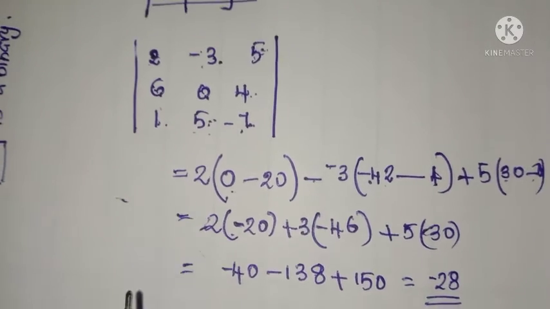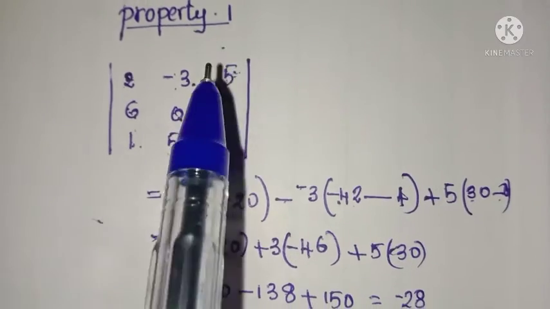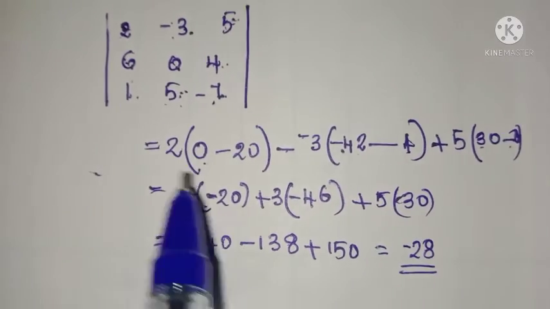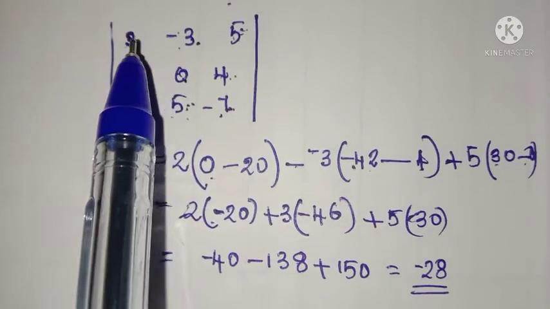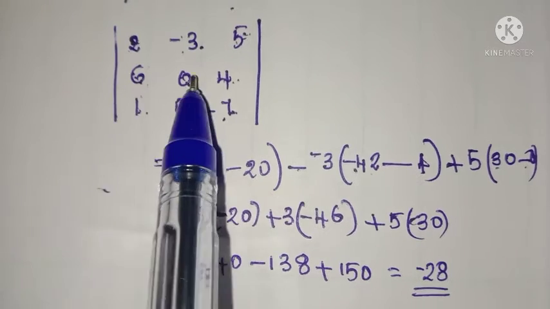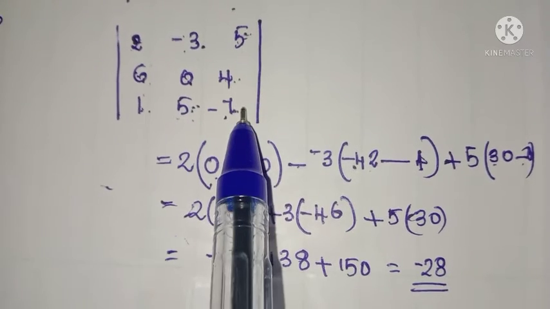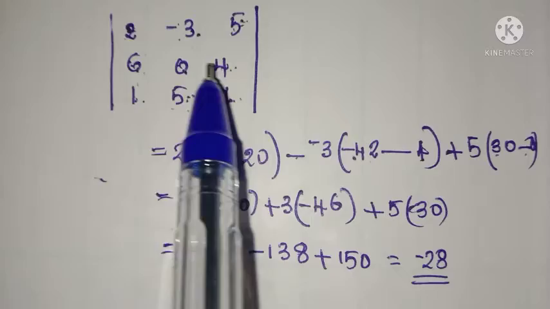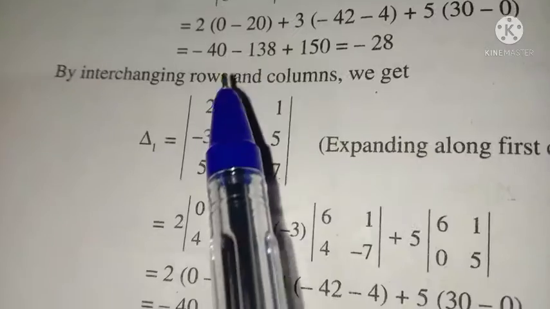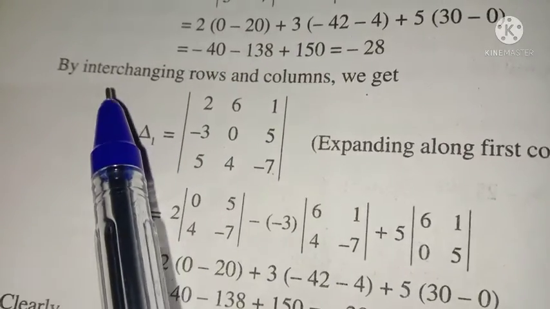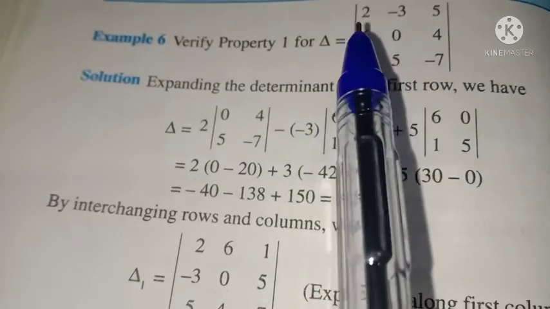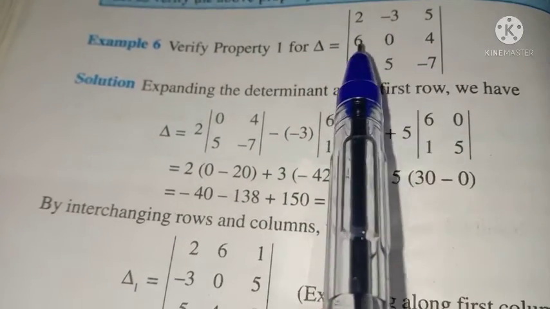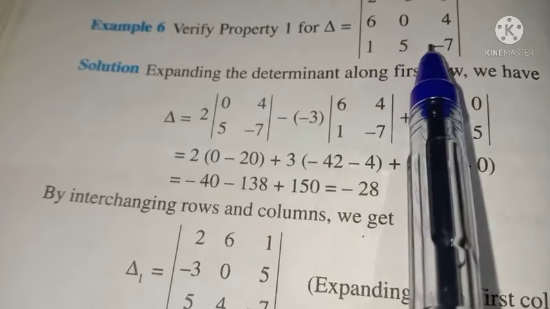Okay. Now by property number 1, we are going to interchange rows and columns. See here the rows are 2, minus 3, 5; 6, 0, 4; 1, 5, minus 7. So we are going to interchange rows and columns. Now see, by interchanging rows and columns, the row is 2, minus 3, 5; 6, 0, 4; 1, 5, minus 7.